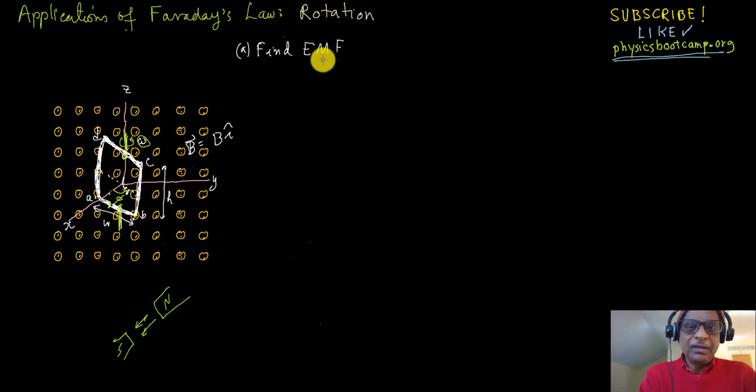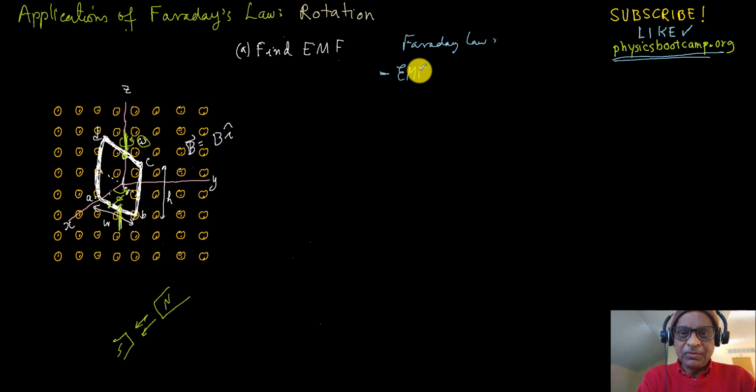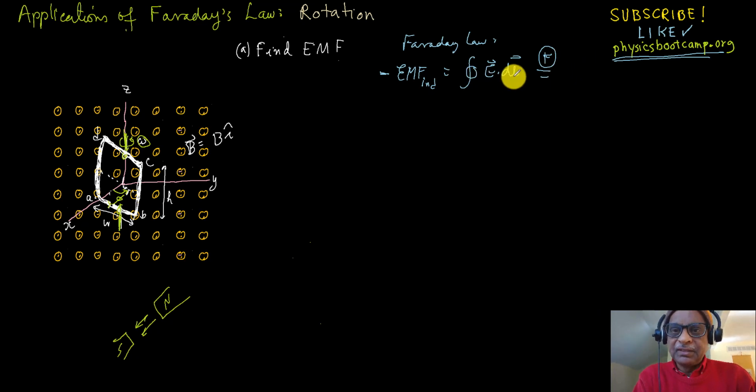To find the induced EMF, what is the induced EMF in Faraday's law? In Faraday's law, the EMF is defined as the integral of E dot dl. That's the definition. And Faraday's law says that this is equal to minus d/dt of, if this is an oriented loop C, the integral of B dot n hat dA over the area of that loop.